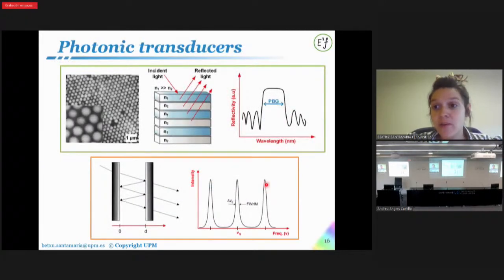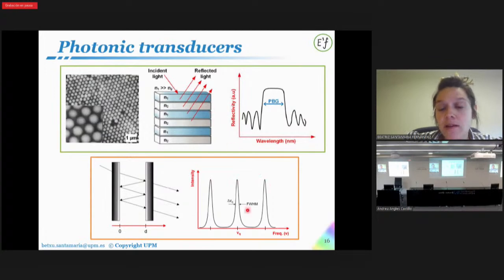We play with several architectures of the sensors. We play with photonic crystals, where we can have this photonic bandgap as reflective spectra, and we also fabricate Fabry-Perot resonators, as I said before, that provide this kind of resonant peaks.